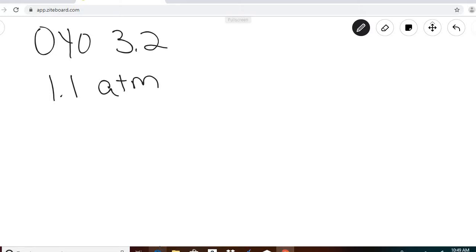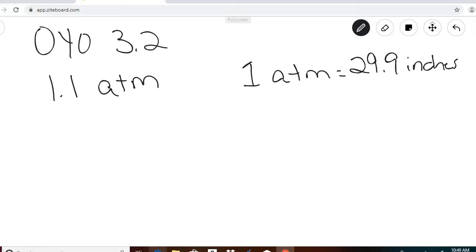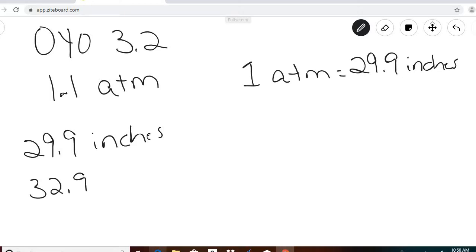Remember that we said that 1 atmosphere is equal to 29.9 inches. So what would 1.1 atmospheres be? Our choices are 29.9 inches, 32.9 inches, or 28.1 inches.